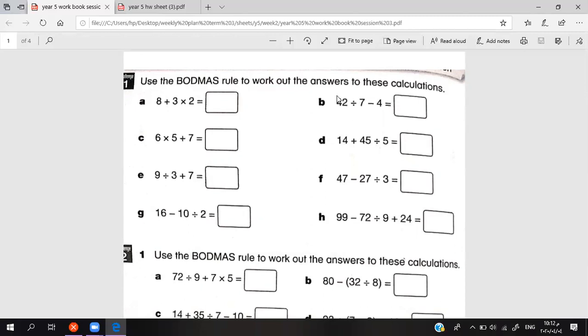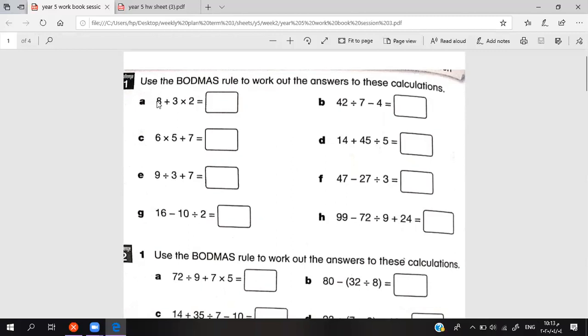When I have more than one operation, meaning I have several numbers and more than one operation. What does operation mean? It means plus or minus or multiplication or division. These are called operations. If I have more than one operation, for example here in A, I have plus and times.